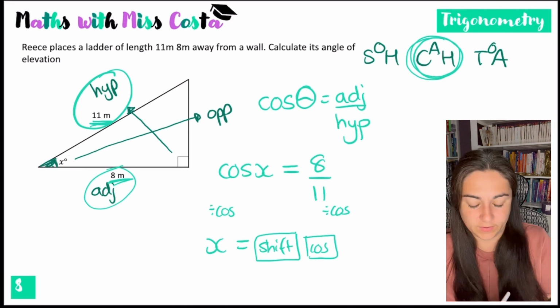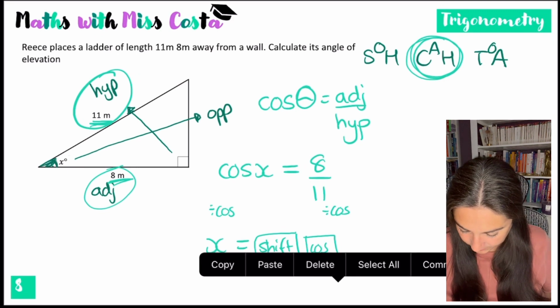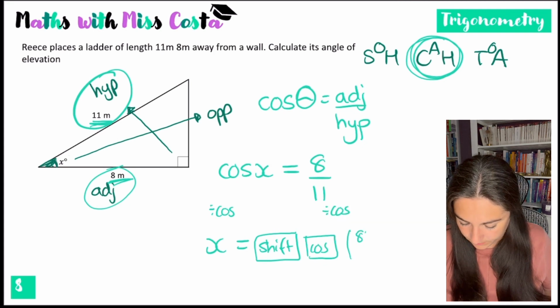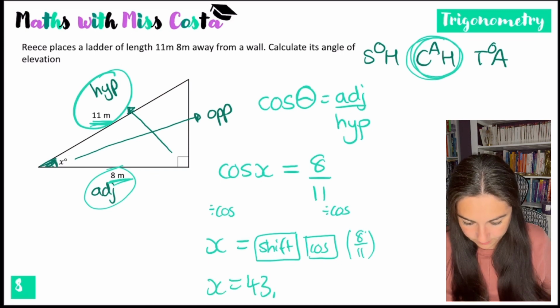Okay, and then you get your answer. x is 43.3417, and so on, but let's just round it to 2 decimal places.